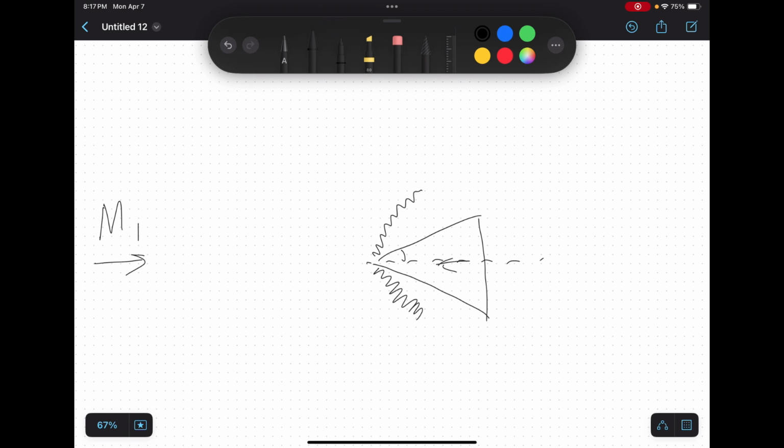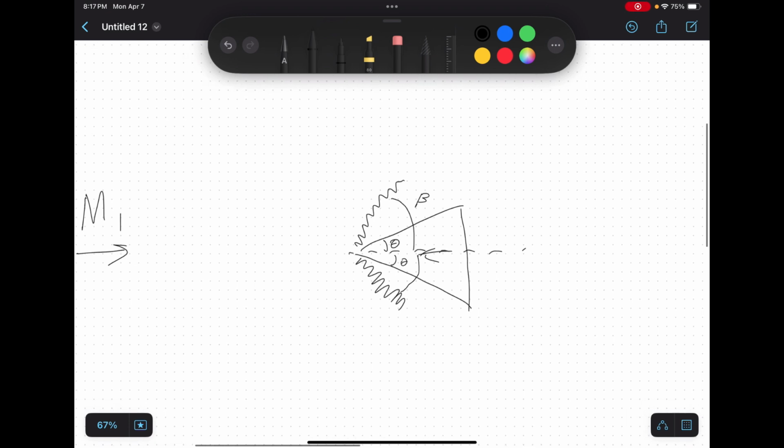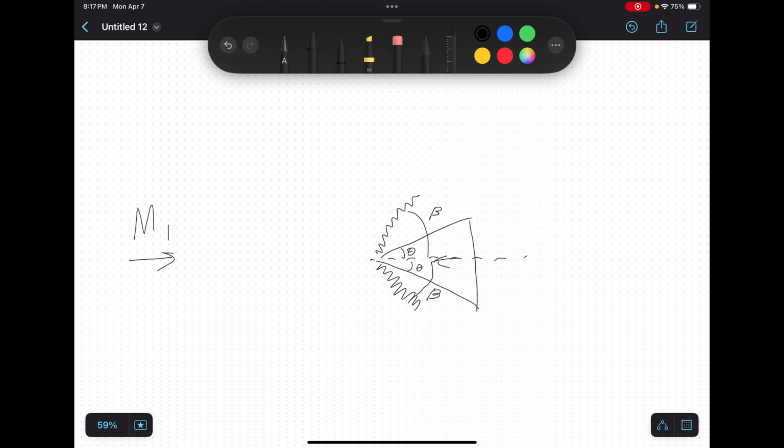There's an angle here, and I'm gonna call this one theta, and there's an angle here, and I'm gonna call this one beta. And same down here, theta and beta.